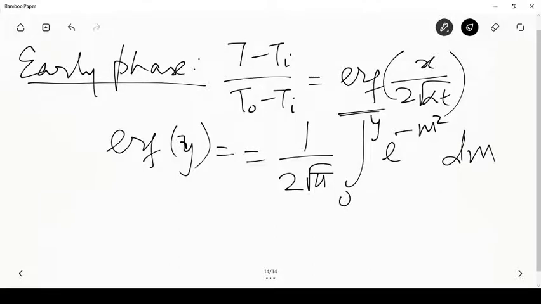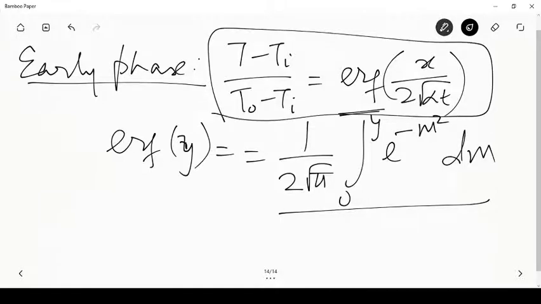Okay, so that is the way this is defined. You may remember that this function is the normal distribution function that you normally see. So the solution for the early phase, therefore, is this, and this is a standard mathematical function and its values are tabulated.